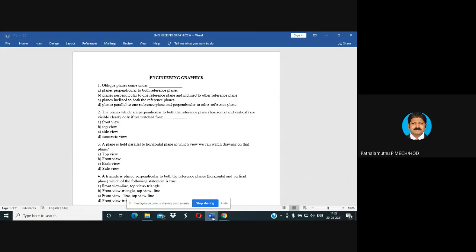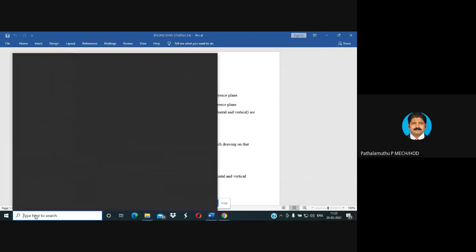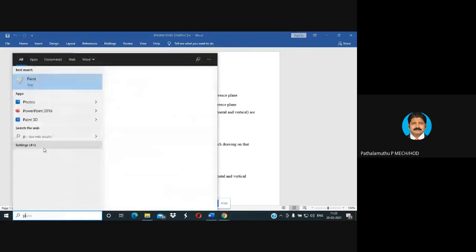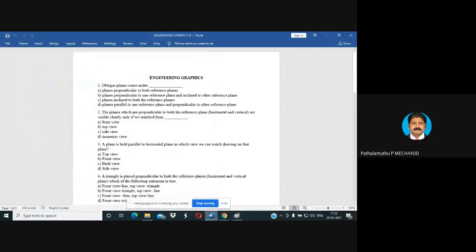Question number 2. The planes which are perpendicular to both the reference planes are clearly visible only if we watch from the side view.